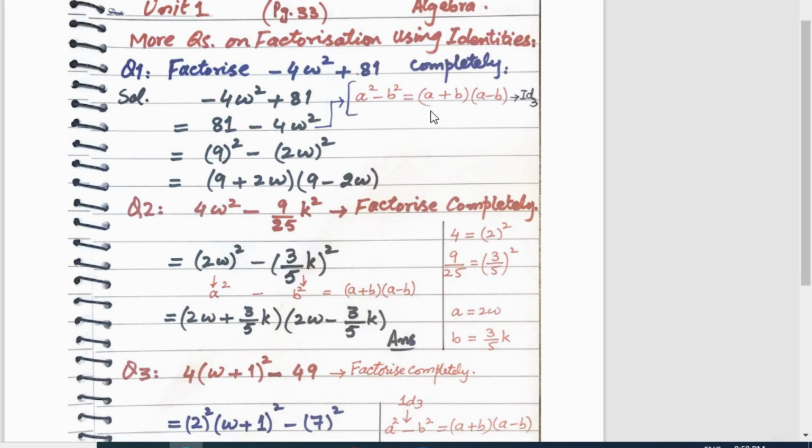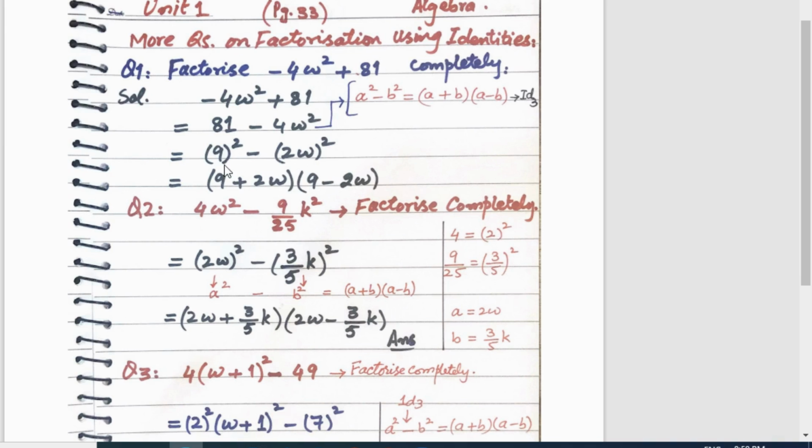So we will write 9 and 2w in place of a and b, and we will write this difference of two squares in the form of two factors. How? This is a, so a plus b, this is b. 9 plus 2w means a plus b, and 9 minus 2w means a minus b.